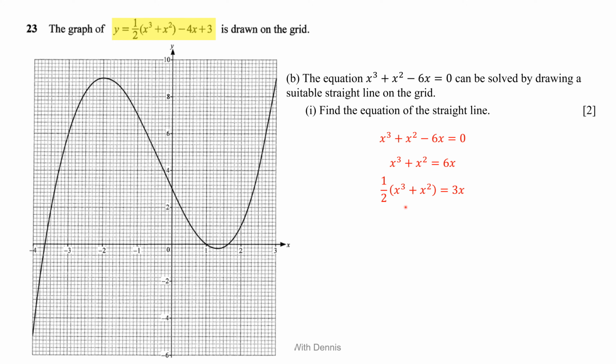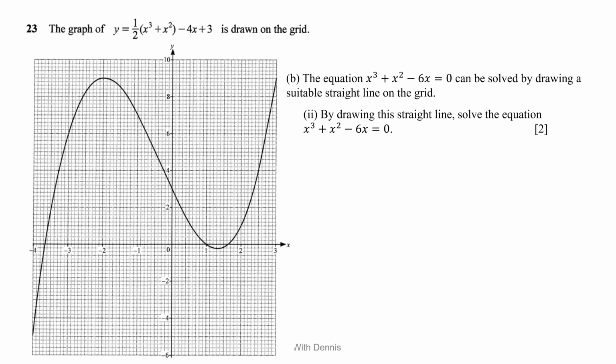We get half times x cubed plus x squared equals 3x. Then minus 4x on both sides, so I get half times x cubed plus x squared minus 4x equals negative x. Then plus 3 on the left side and also plus 3 on the right side. Now we can see that this whole thing equals this. Then we let it be y, which equals negative x plus 3. So this will be the equation of the straight line.